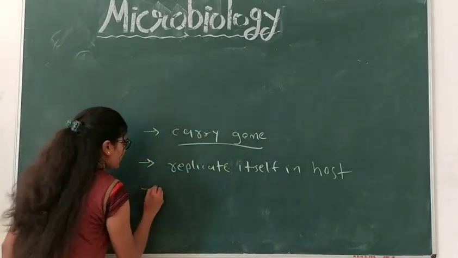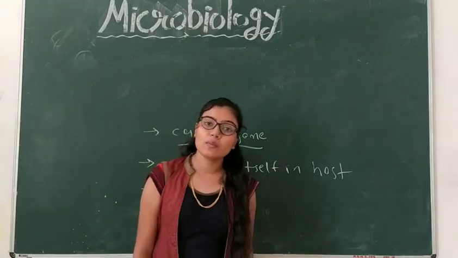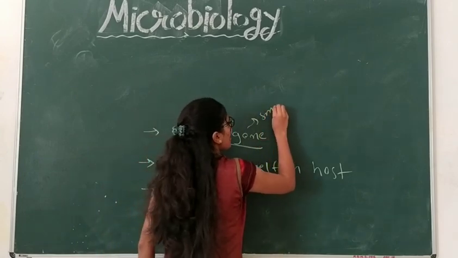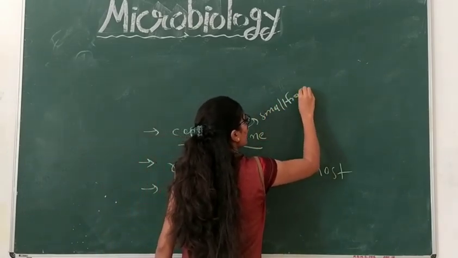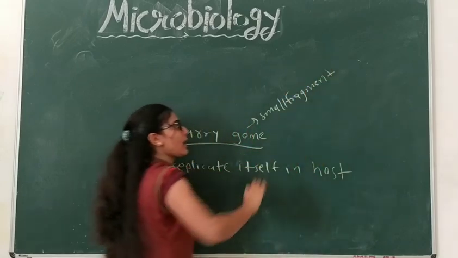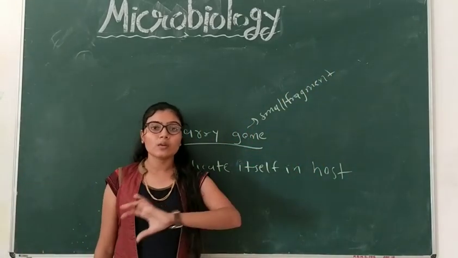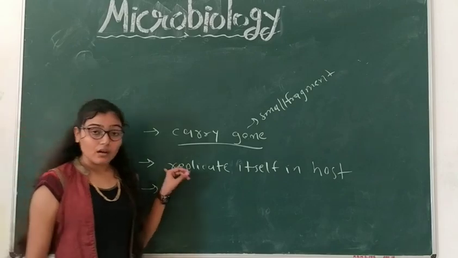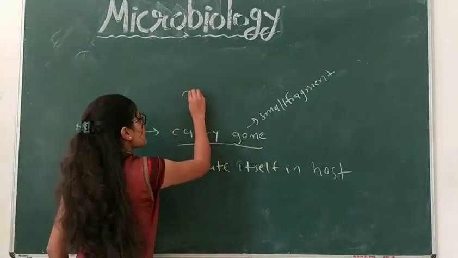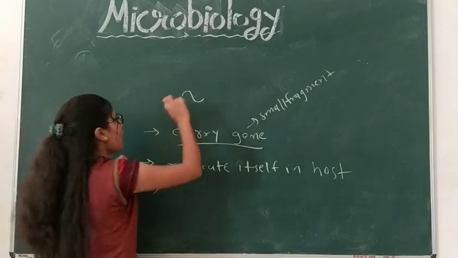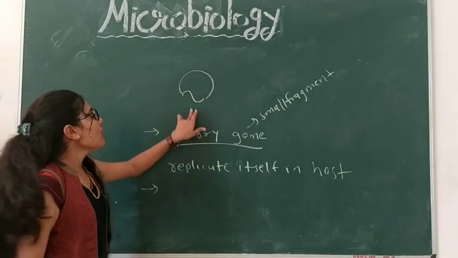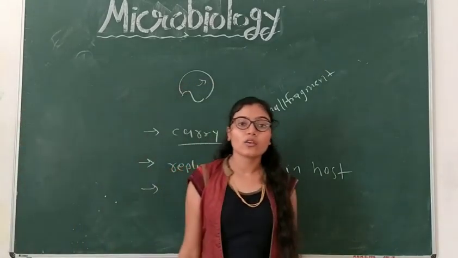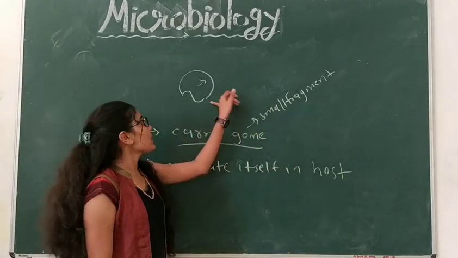Now the third characteristic: the vector has a specific limitation. It is able to carry genetic material only in a small fragment, a limited size of gene, between one bacterial cell and another. Our gene of interest, once it enters the vector, must not interfere in the replication of the vector.